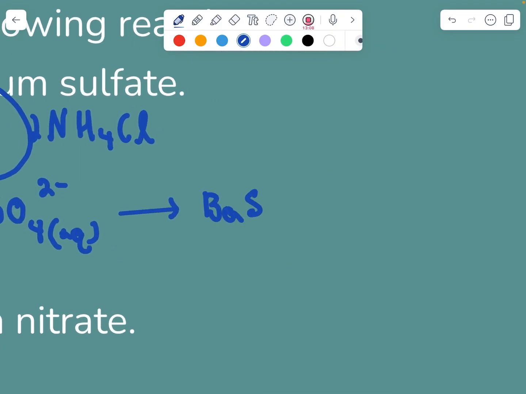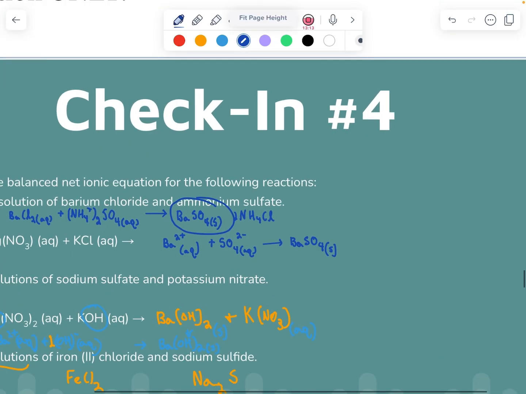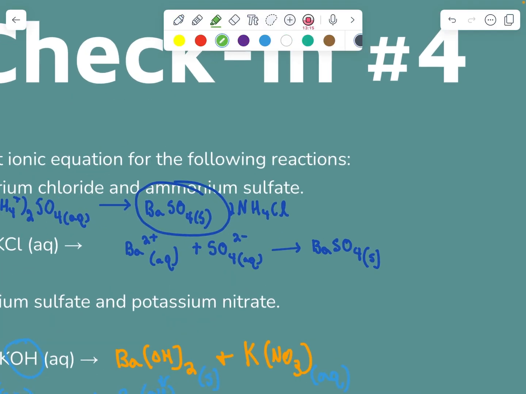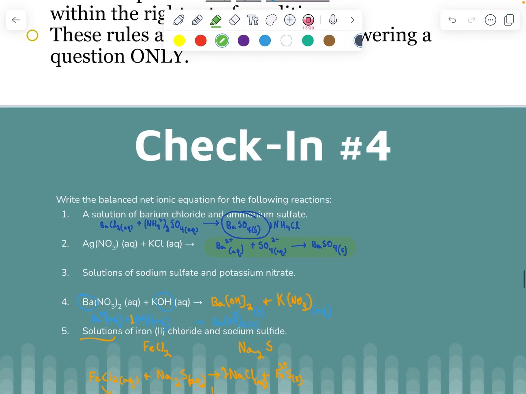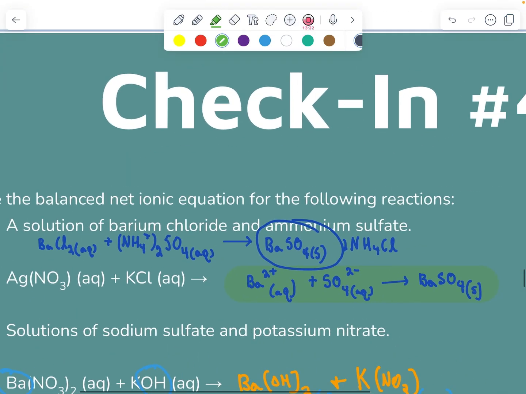I'm just going to put solid because we know that they're not in our NAPS, so we assume that they don't dissolve in solution, and that is our answer for that. Keep continuing to practice these, and let me know if you have any questions.